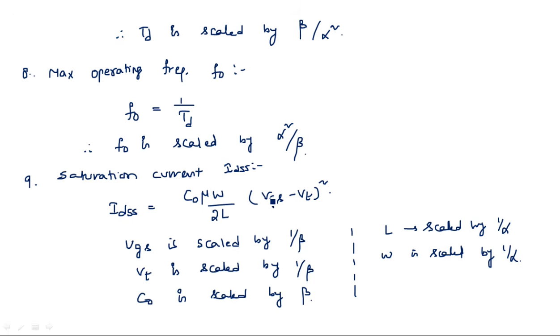If you take out 1 by beta square, that is the scaling factor for VGS minus VT whole square, and C0 is having beta, and here it is 1 by beta square. So 1 by beta is the ultimate final IDSS scaling factor. Therefore, IDSS is scaled by 1 by beta.